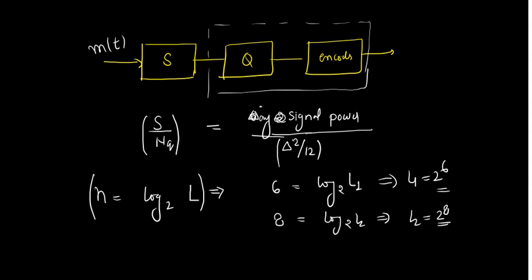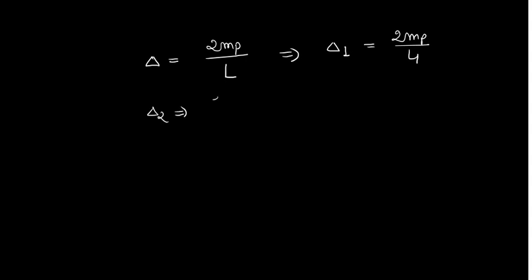And if you remember, our delta, the quantization interval, was 2 MP by L. So for the first scenario our delta 1 is 2 MP by L1, and for the second scenario it will be 2 MP by L2. The signal to quantization noise ratio, as you can see, is proportional to 1 upon del square.